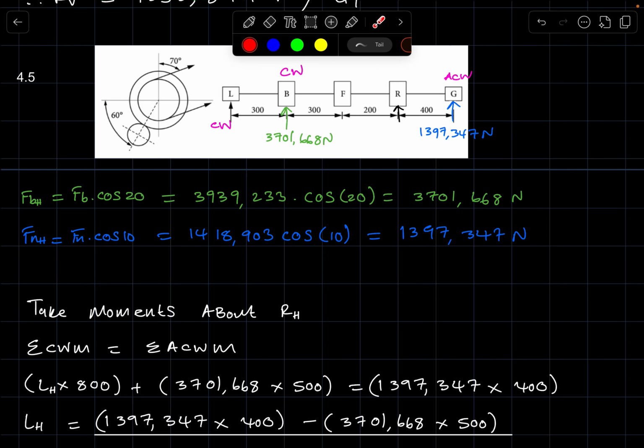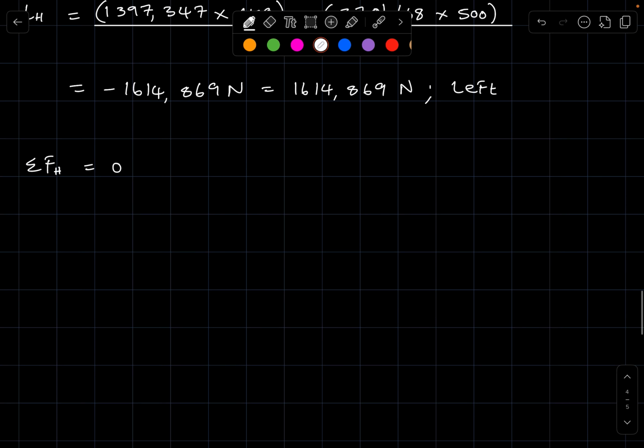Those forces include the left-hand bearing, which we have established is heading left, not right, as per the initial assumption, so you take it as negative 1614,869.